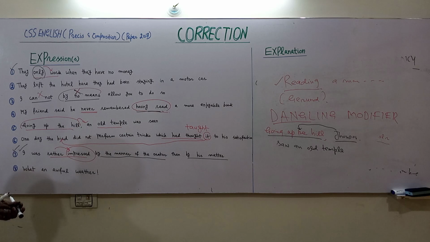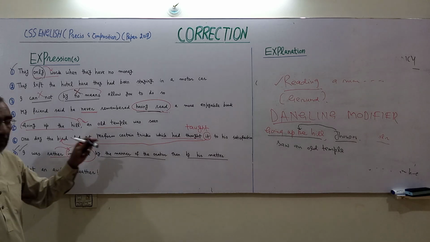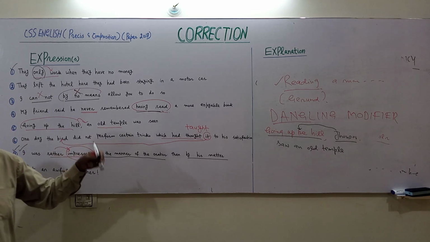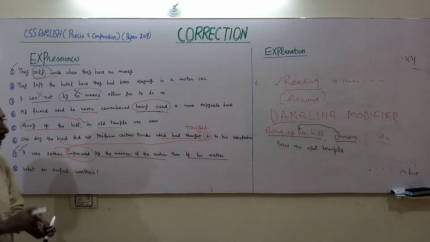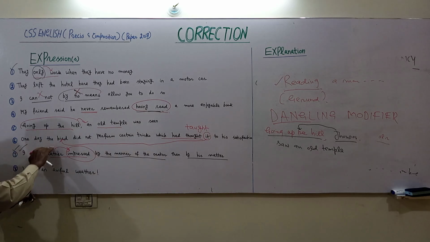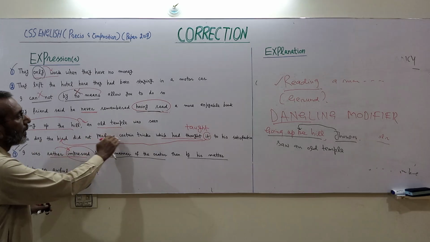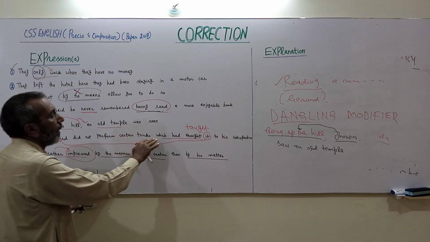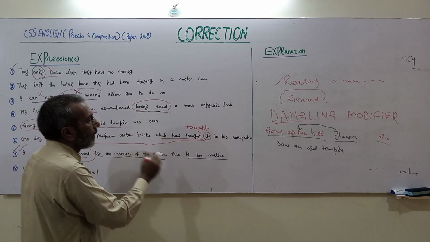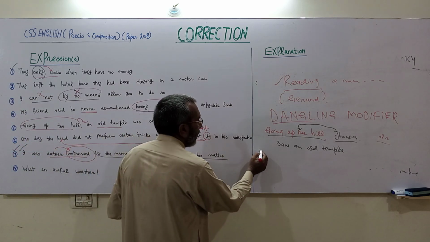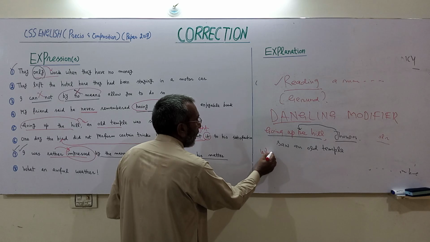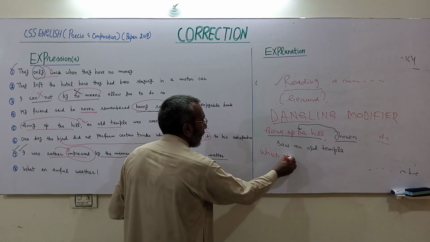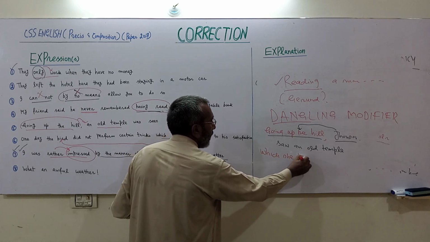One day the bird did not perform certain tricks which had taught it to his satisfaction. So obviously, logically, someone would have taught that bird something. So if I change it a bit, if I say, one day the bird did not perform certain tricks which he or she had taught.